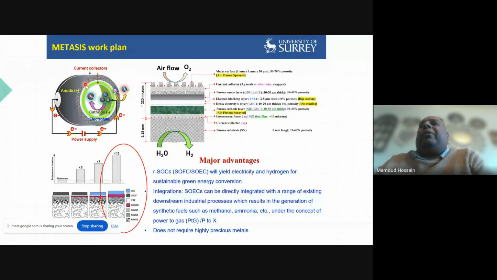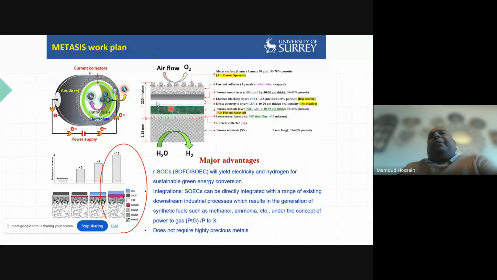So it's called anode supported, or if you make the cathode thicker, you have a cathode supported. The problem with this thickness is that then you include a lot of electrical resistance into the system. We are trying to reduce electrical resistance. In order to reduce electrical resistance, you have to make this structure thinner. If you make it thin, it's electrochemically very good. You can have a better efficiency, but you don't have the stability of the structure.